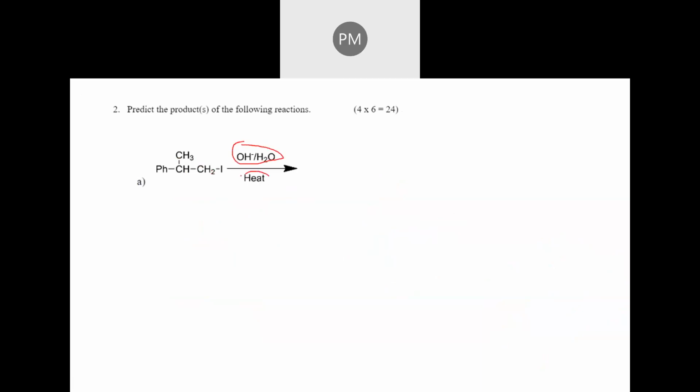So a strong nucleophile is present, and we have to check whether it is a 1 degree or 2 degree carbocation. After removal of iodide from here, there will be CH2 plus, so this is a 1 degree carbocation.